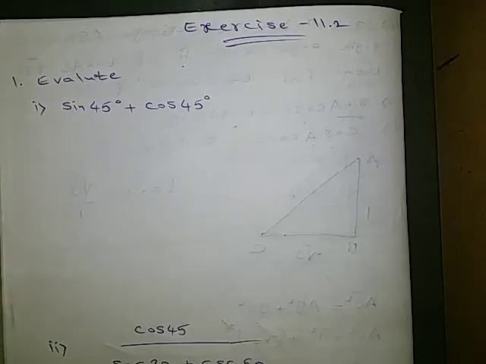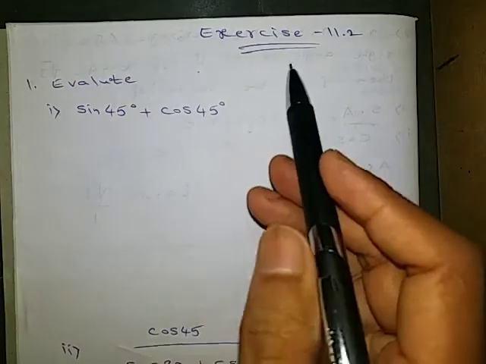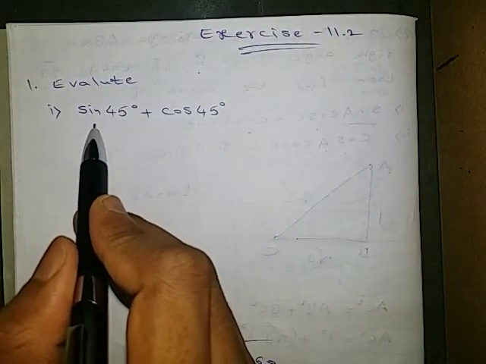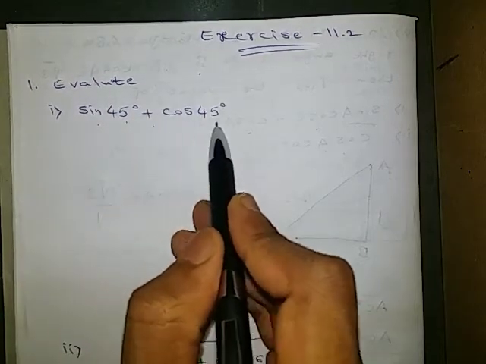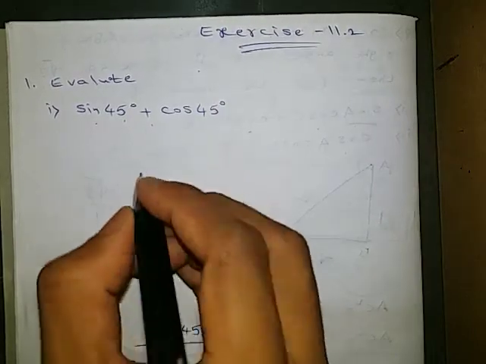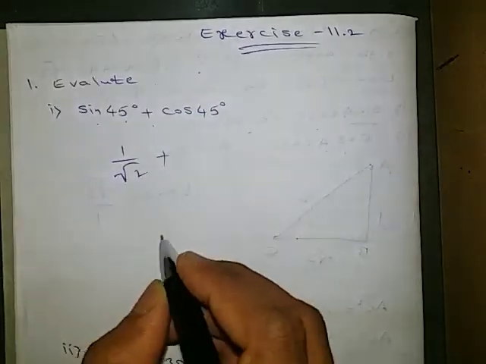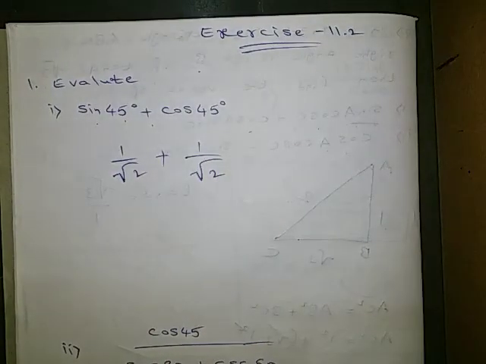Let's have a look at exercise 11.2. The first question is evaluating sine 45 degrees plus cos 45 degrees. Sine 45 is 1 by root 2 plus cos 45 is 1 by root 2.